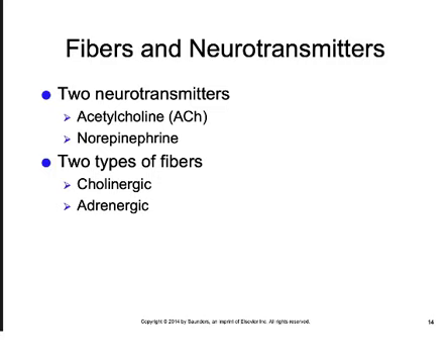The neurotransmitters that are used in the autonomic nervous system: acetylcholine for all preganglionics regardless of the division, and in the sympathetic division, norepinephrine for the postganglionic, and in the postganglionics in the parasympathetic, it's acetylcholine again.